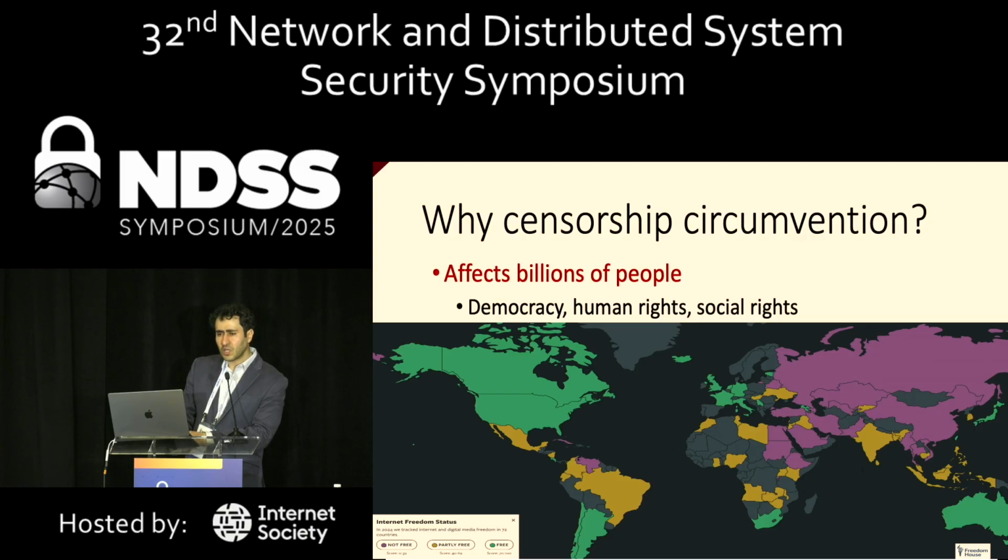But many times the tools that people develop based on the study of China have also helped other countries. For example, the case study that I presented on the Great Firewall coincidentally overlapped with the Mahsa Amini movement in Iran. And the same tool that we developed for China actually helped users in Iran.